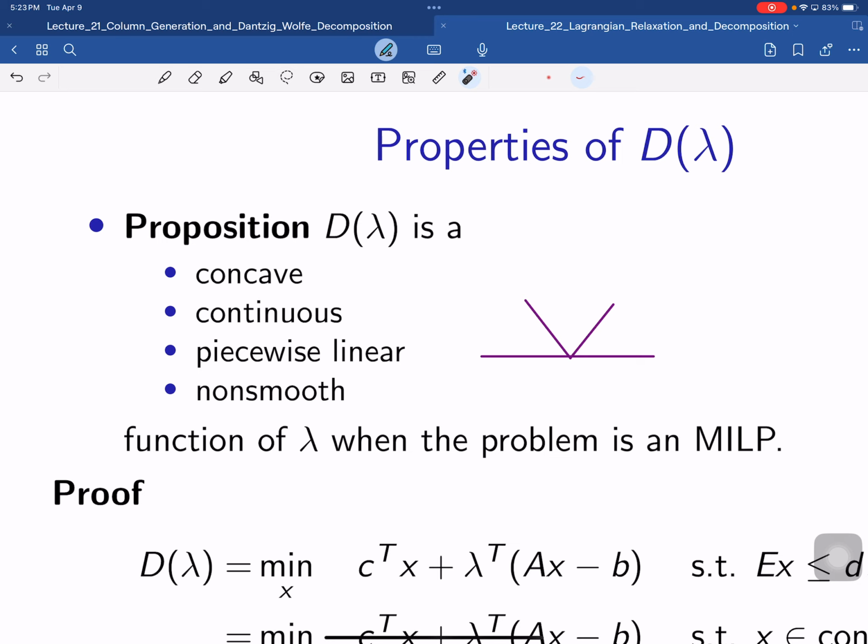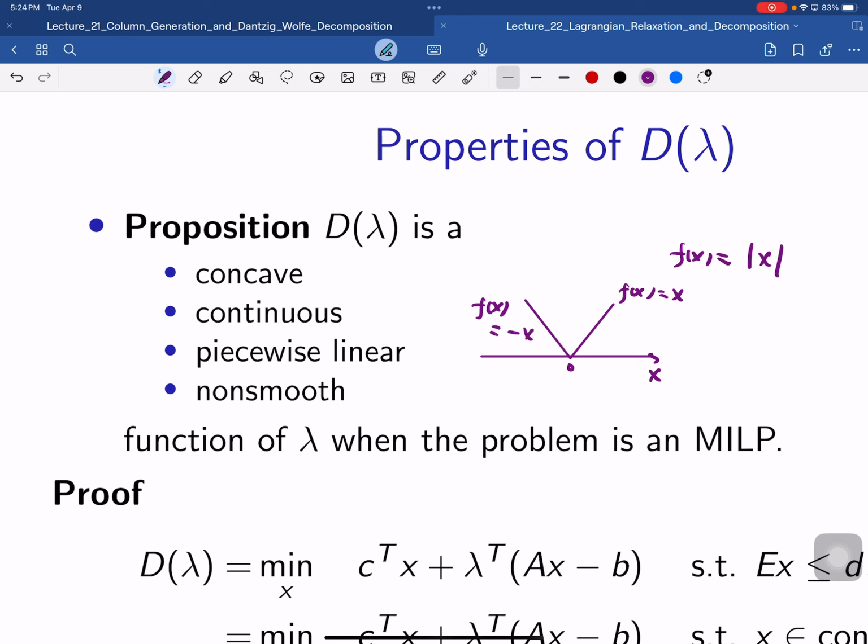So for example, what is a non-smooth function? Again, take this absolute value function, let's say f(x) is the absolute value of x, right? When x is greater than or equal to 0, f(x) equals x, and when x is less than or equal to 0, f(x) equals minus x, right?